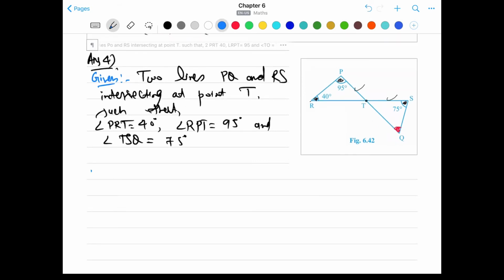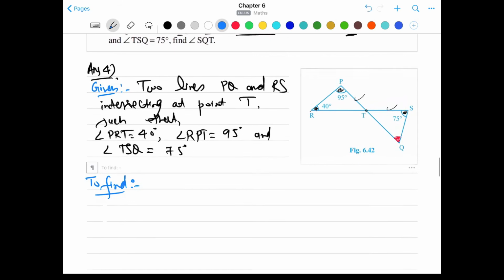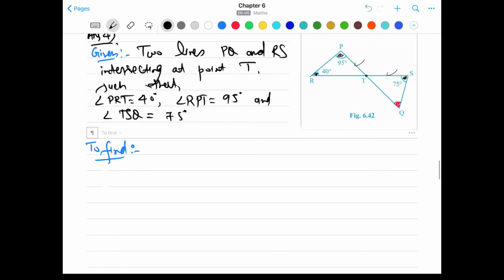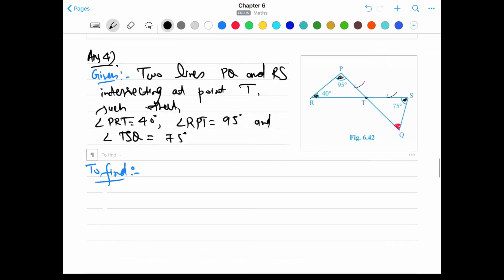Okay, and here we have to find the measure of one angle which is SQT. We have to find angle SQT. Okay, so now let's start its solution.